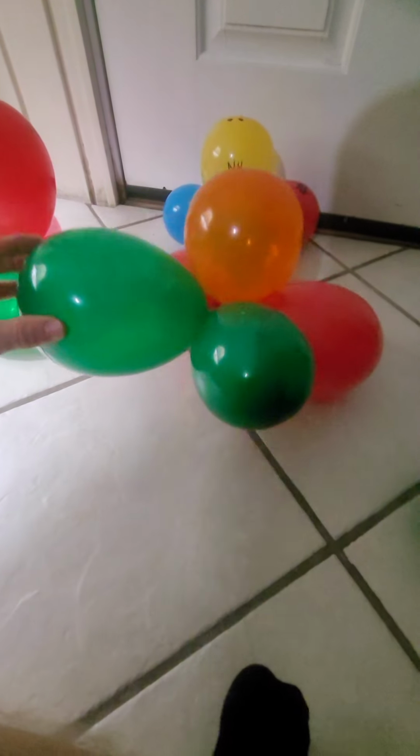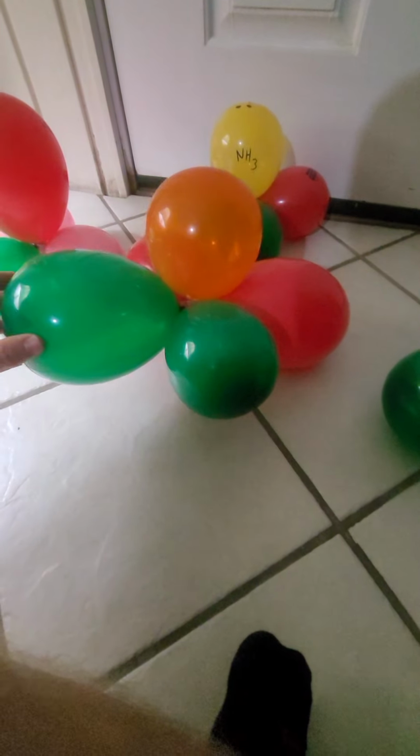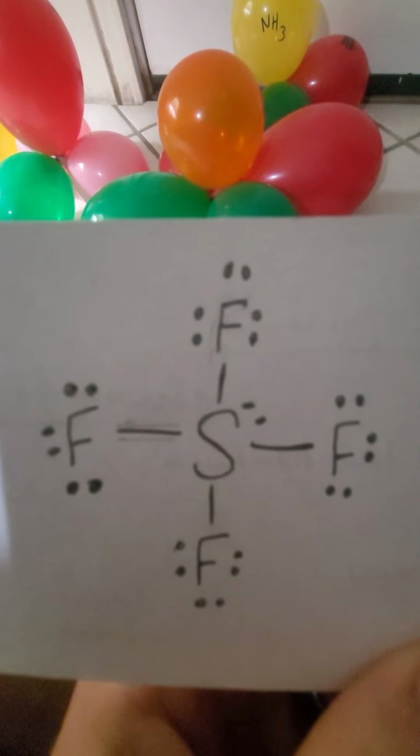You've got the 5 total domains seen there, 1 lone pair of electrons, polar covalent molecule, like I said. There are the 5 total domains around the central atom, to include the lone pair up there.